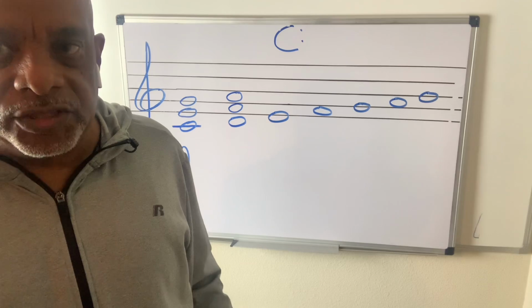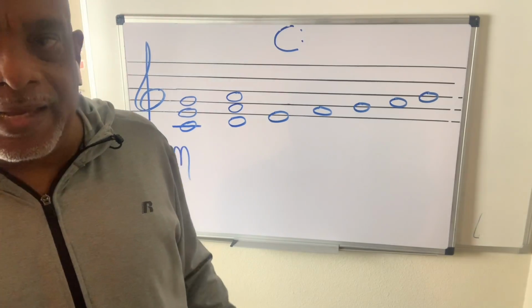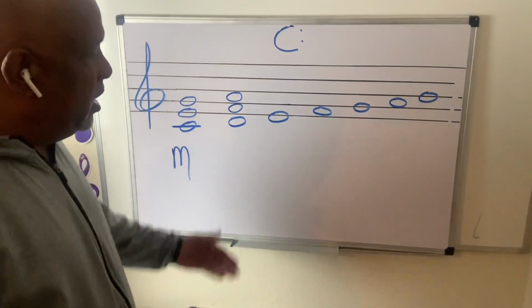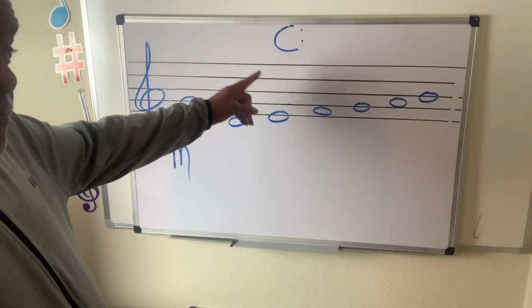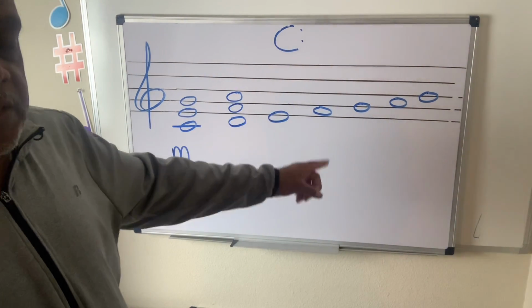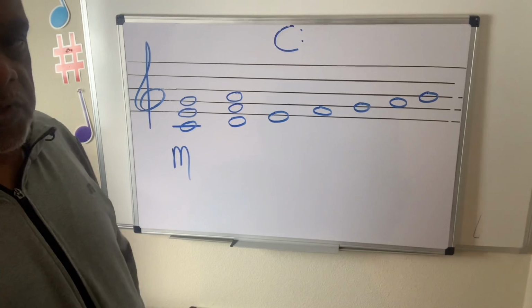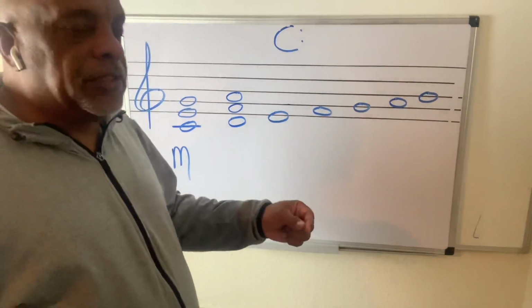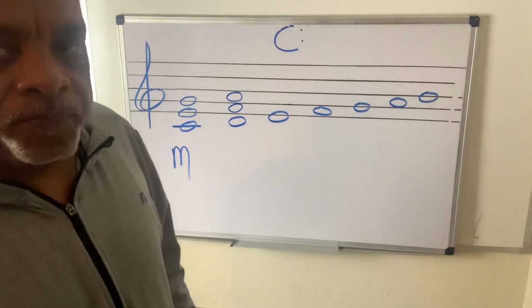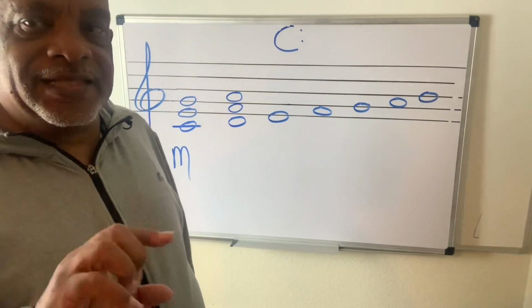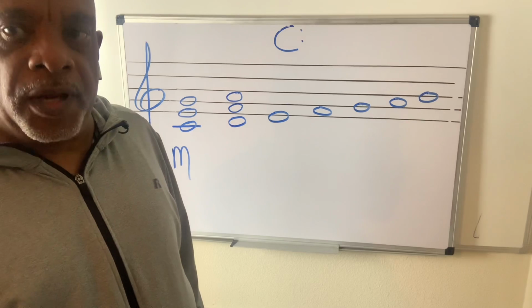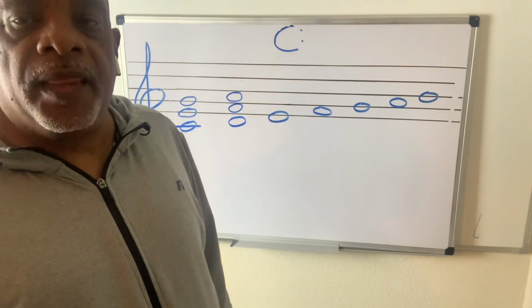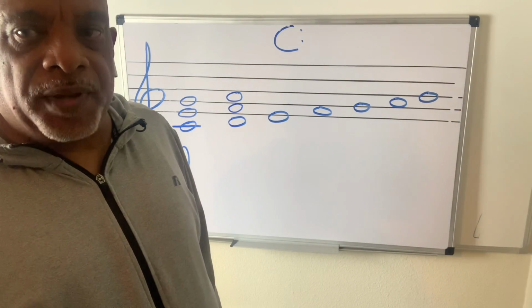In the key of C, there are no sharps or flats, but if we go to the D major scale, that triad is D, F sharp, A. Okay? D, F sharp, A.